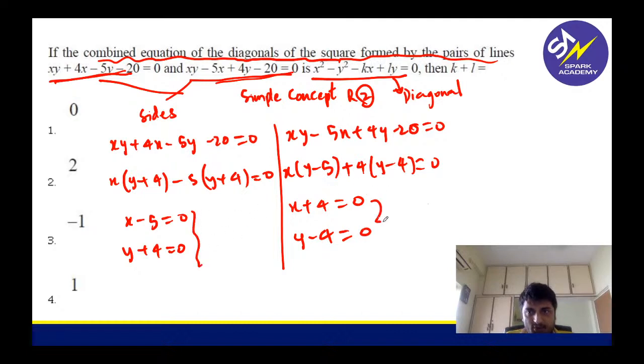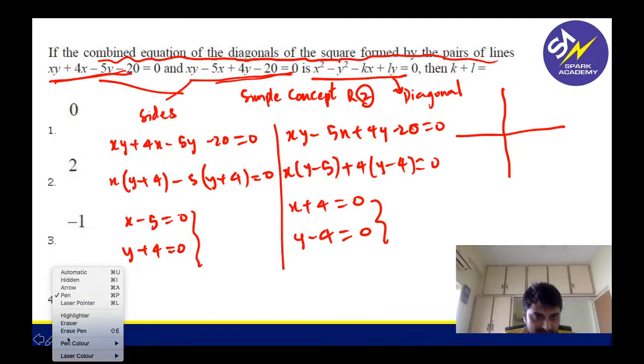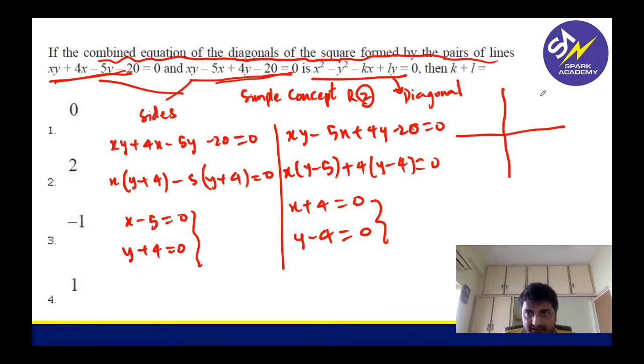So I'm basically bothered about these. If you have a number line like this, x equal to 5 looks something like this. Let me use a different color pen. x equal to minus 4 looks something like this, right? y equal to 4 looks something like this. y equal to minus 4 looks something like this.